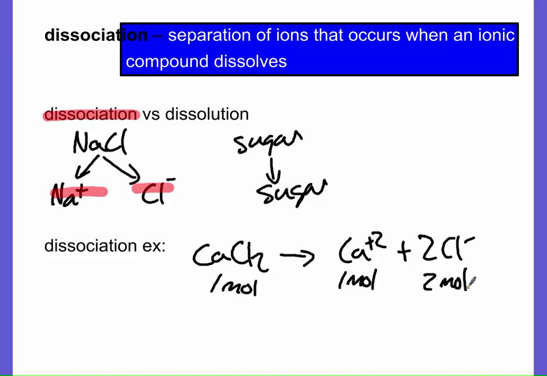When you have that solid before you dissolve it in water, you just have 1 mole of calcium chloride. Once you dissolve it, all the ions separate, and then you have more stuff to deal with, so you end up with 3 total moles of ions from 1 mole of the substance. So counting the moles of stuff is a little different there, but easy enough to catch on to. You've got to look at that specific ratio for those ions. If you need those 2 negatives to balance out that positive, then you're going to have a different number of moles of ions in that solution.